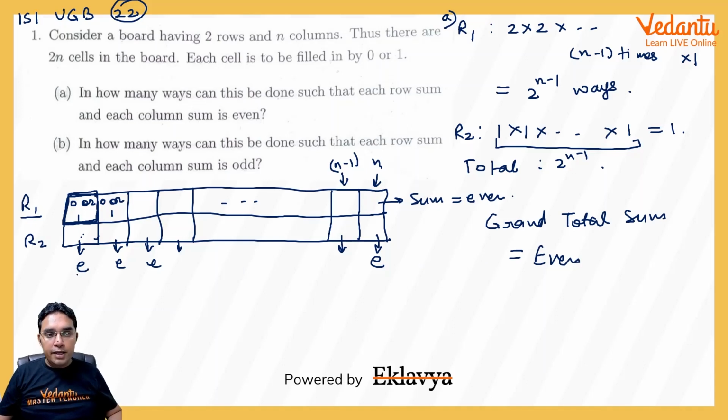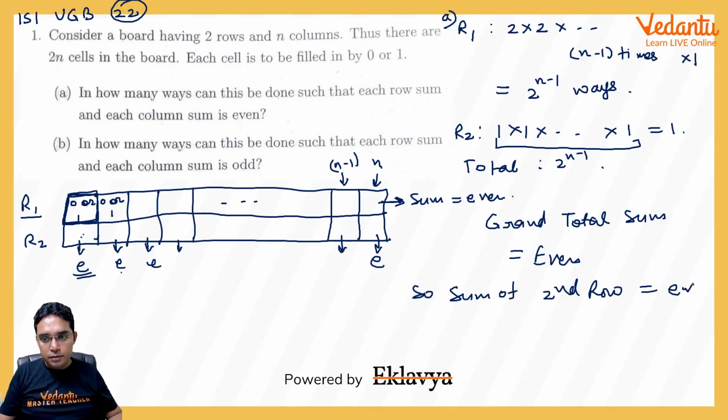Because you are calculating even n times. And because we have already made sure that the first row has an even sum, the sum of the second row has to be even only. So this will automatically make sure that the second row also has an even sum. So the final answer I will say is 2 power n minus 1.